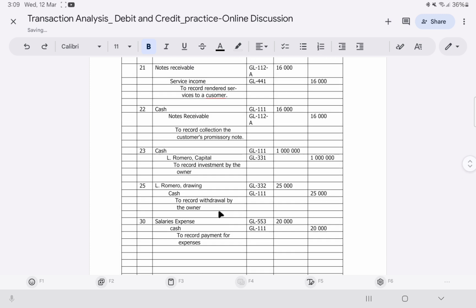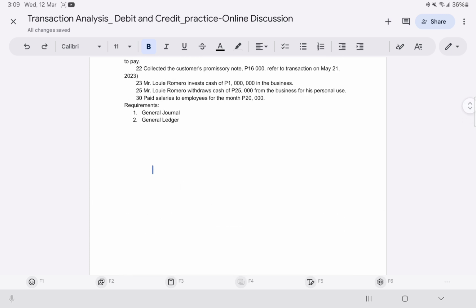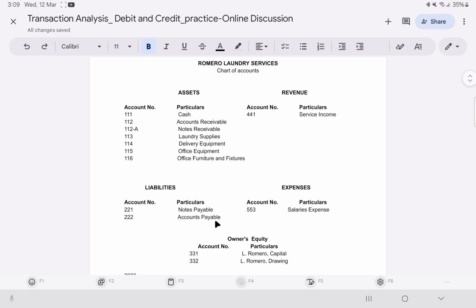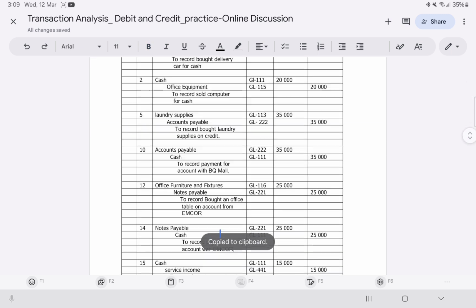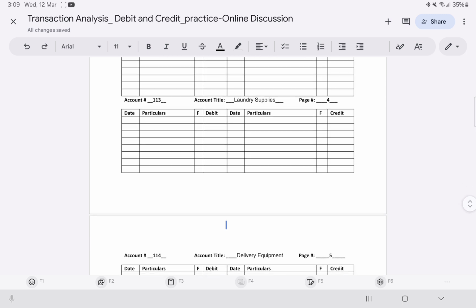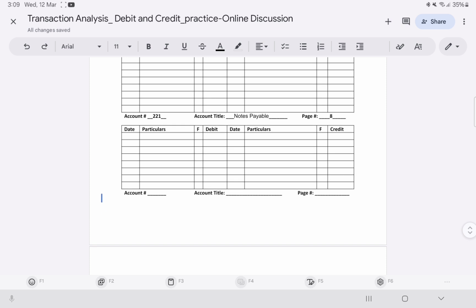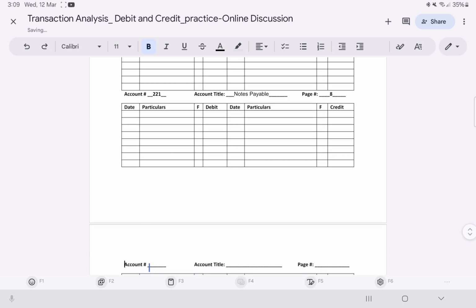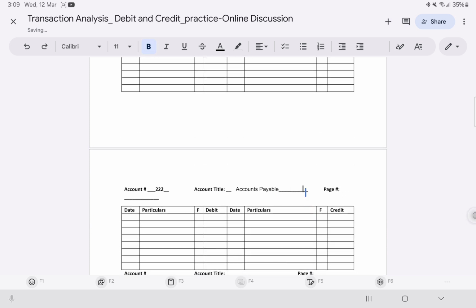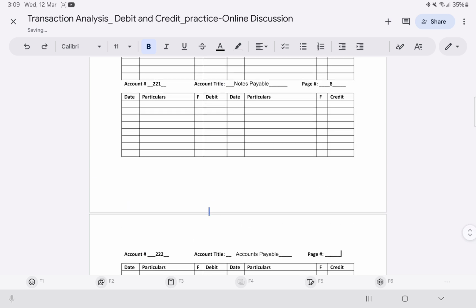The next, we have accounts payable, account number 222. Account number 222, accounts payable, and page number 9.